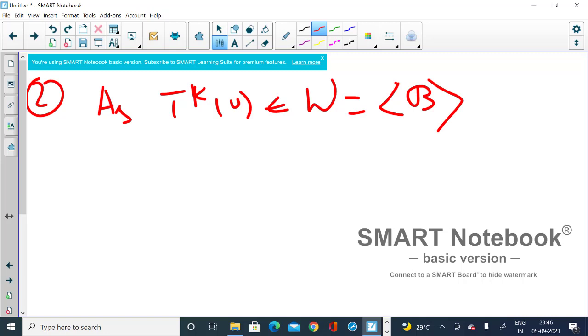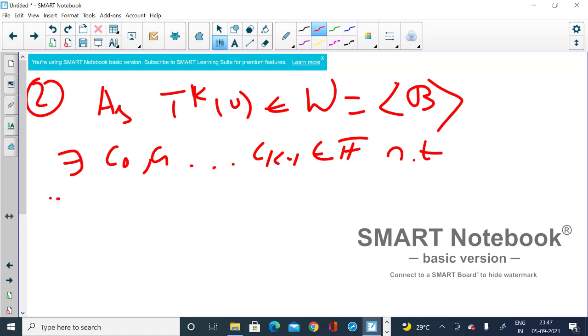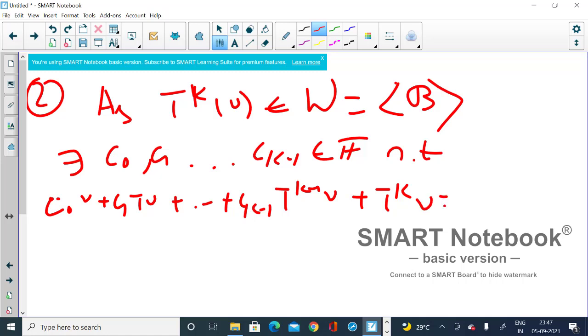So there exist some constants c0, c1 to c(k-1) such that c0 v plus c1 Tv and so on, plus c(k-1) T^(k-1) of v plus T^k of v equals 0. Or you can say this will be minus of that. I wrote plus intentionally to get a nice form.